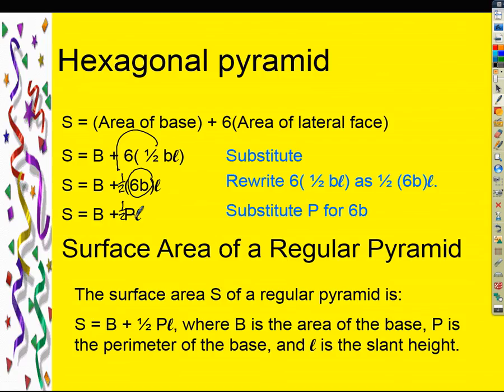That ends up being our easiest way to write the formula for the surface area of a pyramid: the area of the base plus 1/2 times the perimeter of the base times the slant height. Okay? So let's try that.